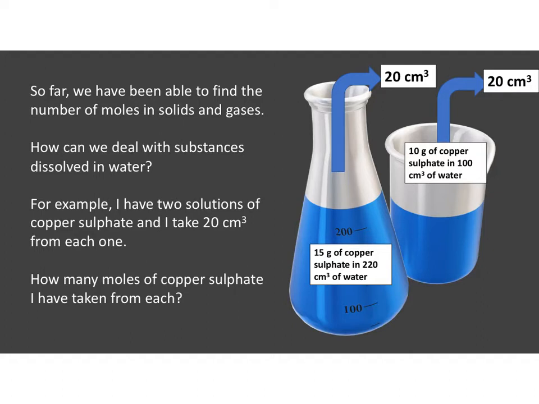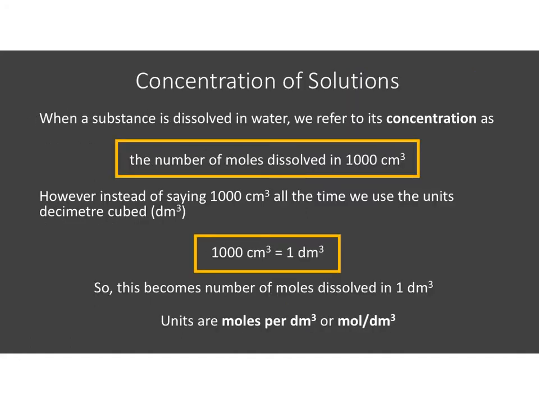Well, in order to work that out, we need to look at how we define concentration, and that involves introducing another equation. So we define concentration as the number of moles that have been dissolved in 1,000 centimeters cubed of solution.